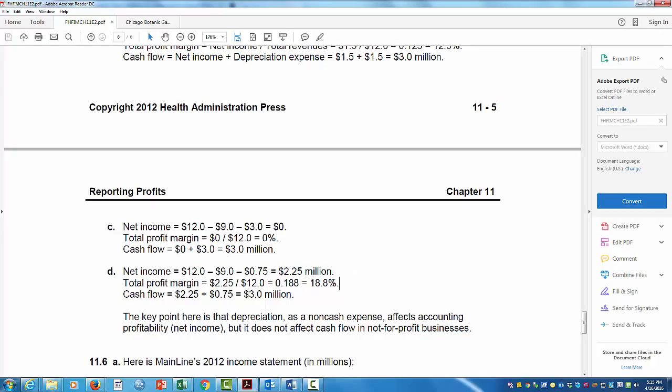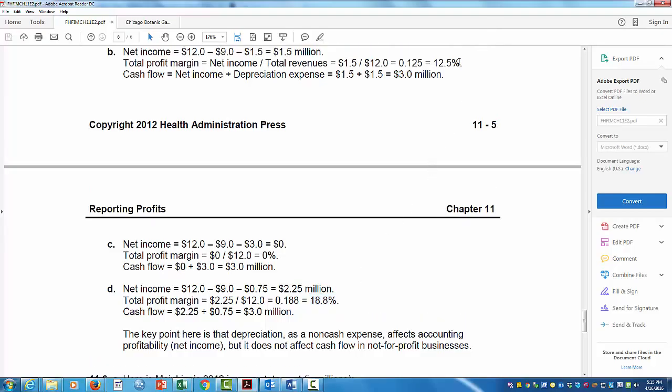It will therefore increase your profit margin from 12.5% to 18.8%.